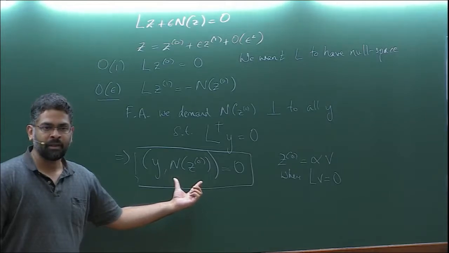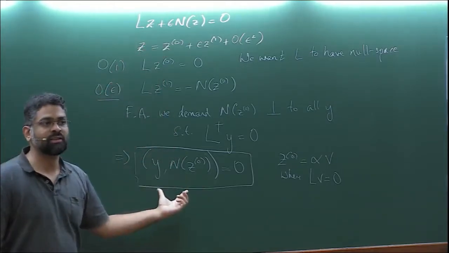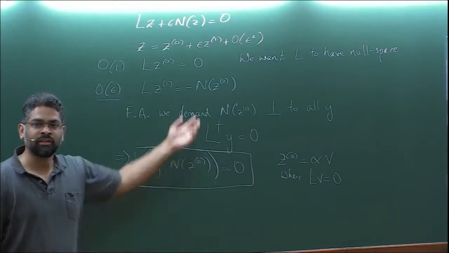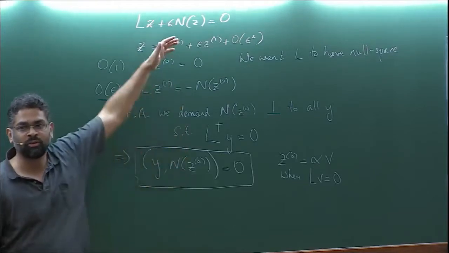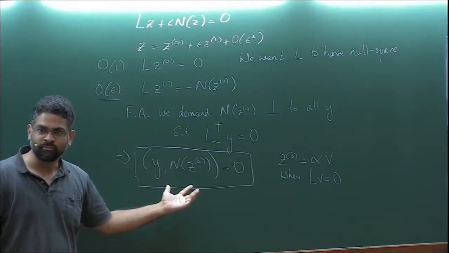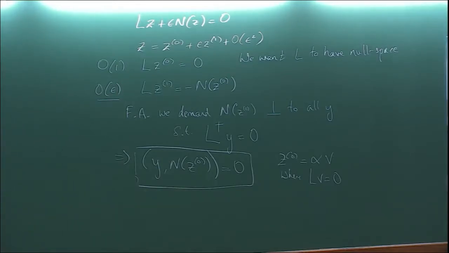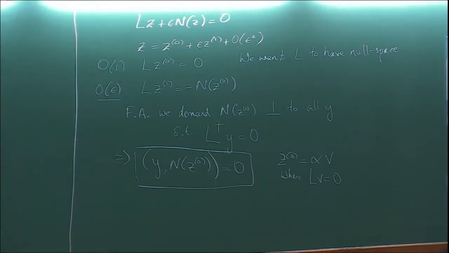Right? And if the original problem was algebraic, then this is an algebraic expression for alpha. If the original problem was an ODE, this is an ODE for alpha. If the original problem was a PDE, this is a PDE for alpha. Okay? But this is the broad framework that I want to keep in mind. Okay, so that's what we'll always do.